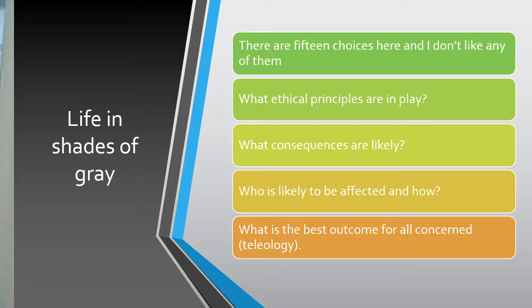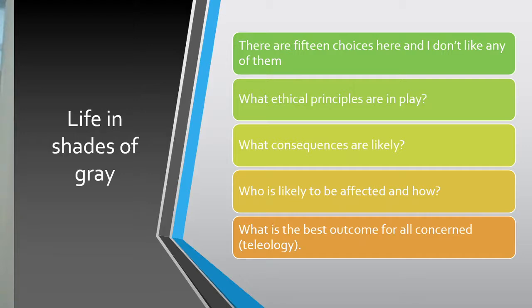So I don't like any of the choices. I have to think, again, back to a principled and disciplined approach to making decisions. In terms of what to do next in circumstances where I don't like the choices and I have to choose one, I look at what ethical principles are in play. Is it fidelity, justice, beneficence, non-maleficence? What's involved?